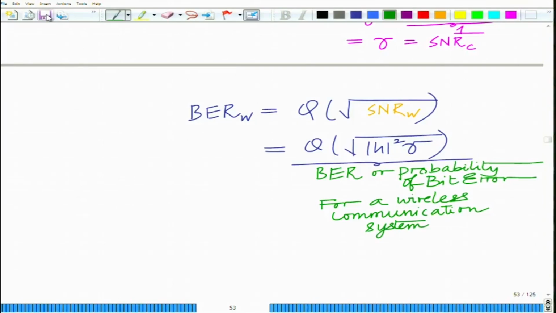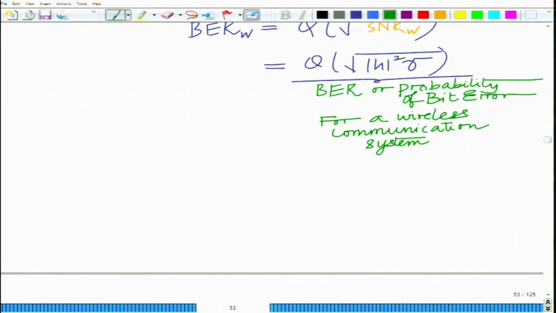And now we want to look at this function.